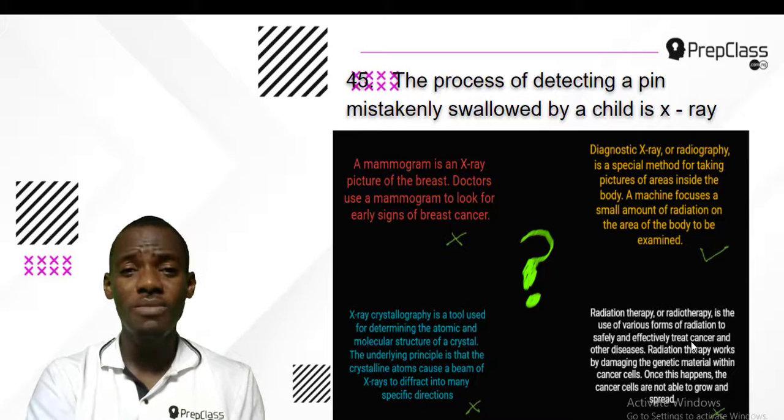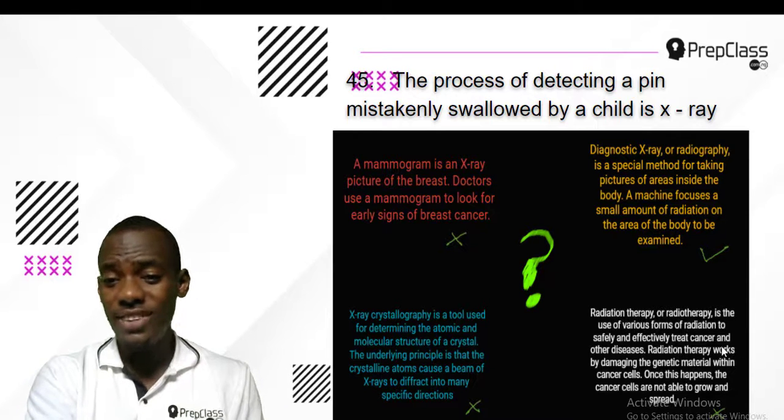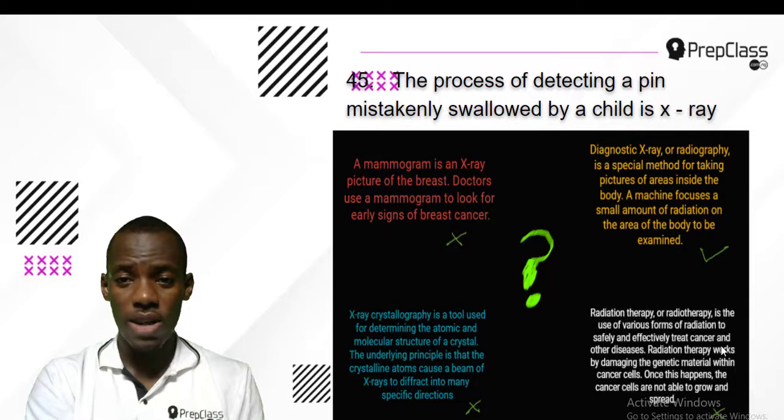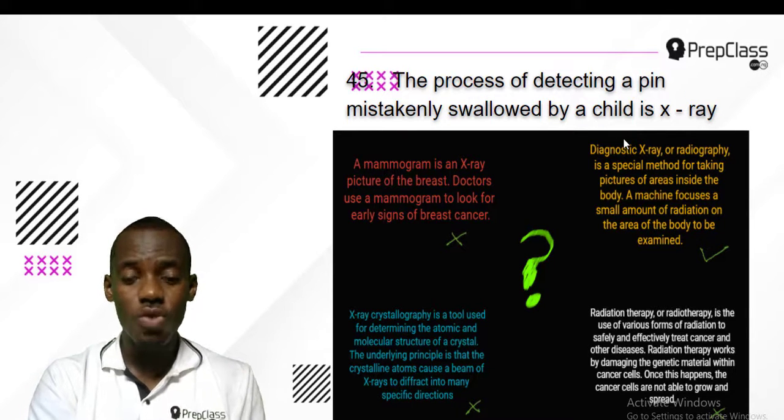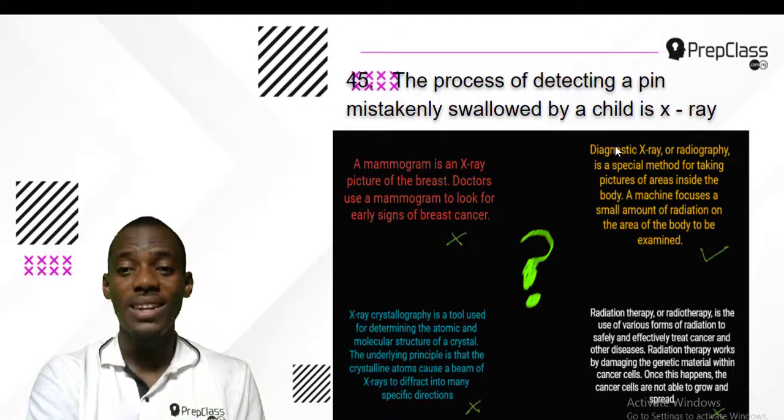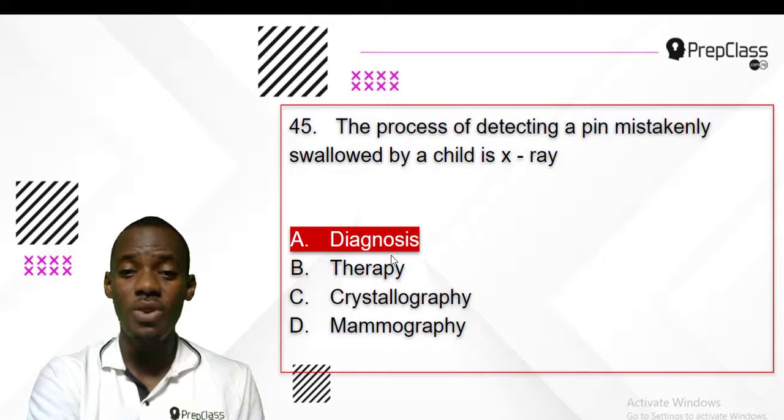Therapy is treatment of cancer, and this one is not correct. It's not treating any disease. We are only looking for a pin inside the stomach of a careless baby, and that is only possible with diagnostic X-ray. So the answer to that question is diagnostic X-ray.